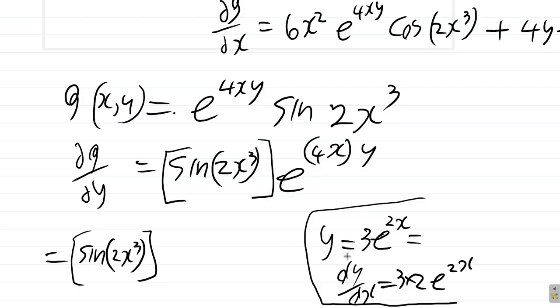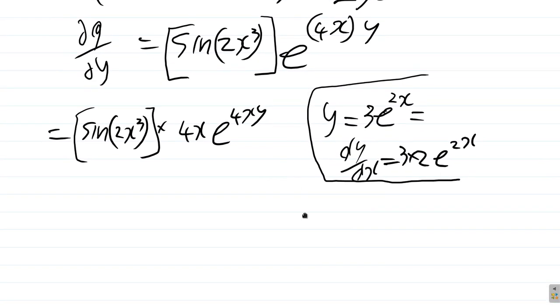Then you have e to the 4xy. Now, the 4x would be like the 2 here. If you differentiate this with respect to y, you get 4x. So the 4x would multiply the e, just like the 2 comes down and multiplies the e here. So you have this times 4x e to the 4xy.